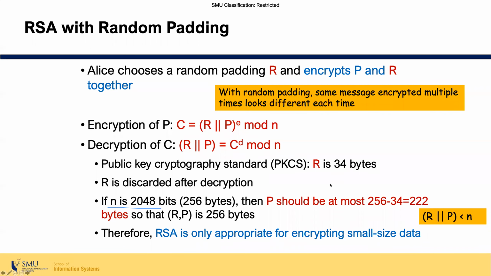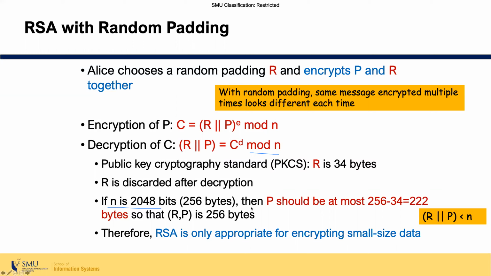It is because of this property, which we discussed earlier, because of the modulus n, that this R concatenated with P is in fact a remainder of C to the power D modulus n. That means this value can never be bigger than the divisor, which is n here.